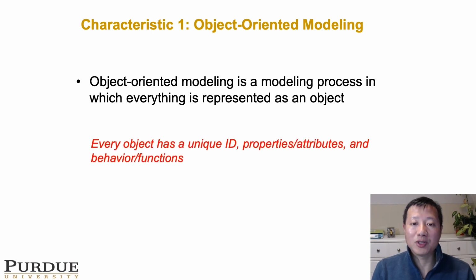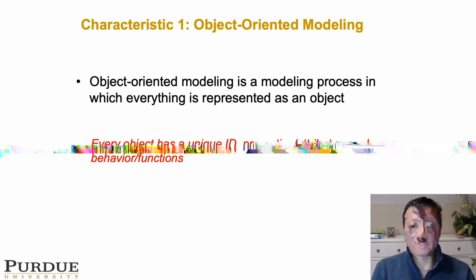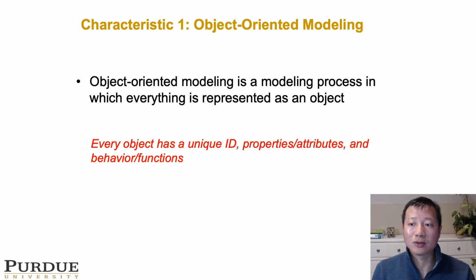Every object has a unique ID to distinguish it from other objects, has a set of properties or attributes to describe the object from multiple aspects, and behavior functions that refer to things that the object can do or can function.